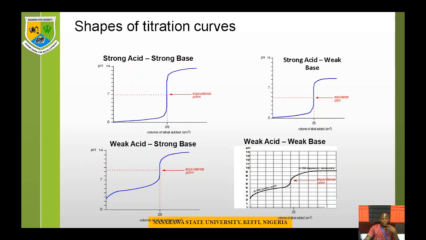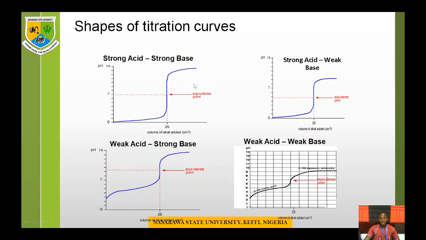So moving on, we are going to be looking at the shapes of titration curves. I want to believe you know what titration is. Titration, in simple terms, refers to an experiment that involves the reaction between an acid and a base.